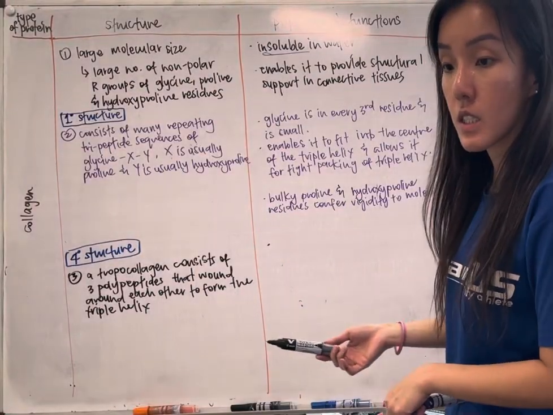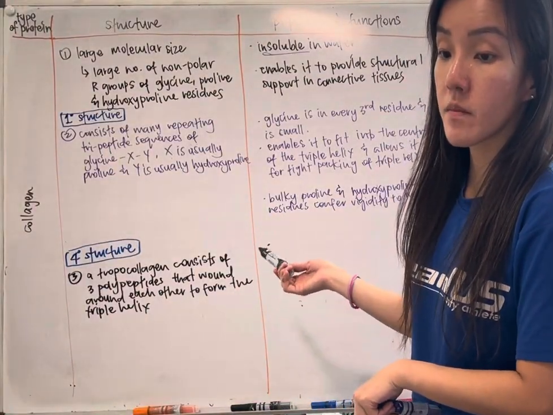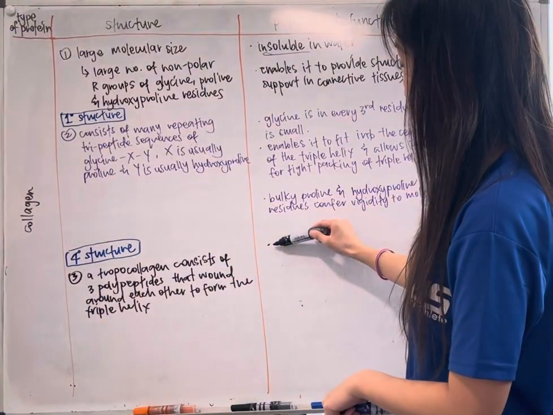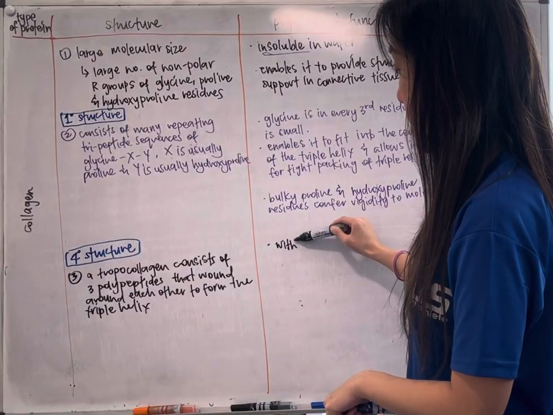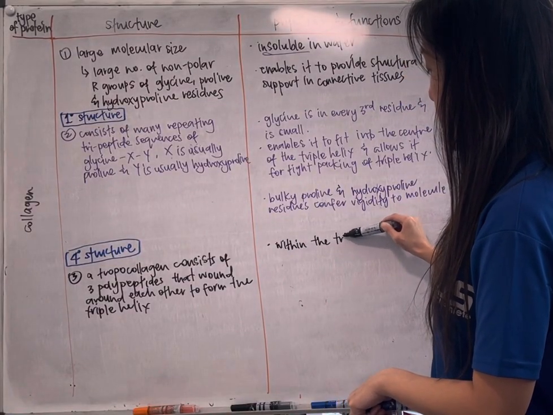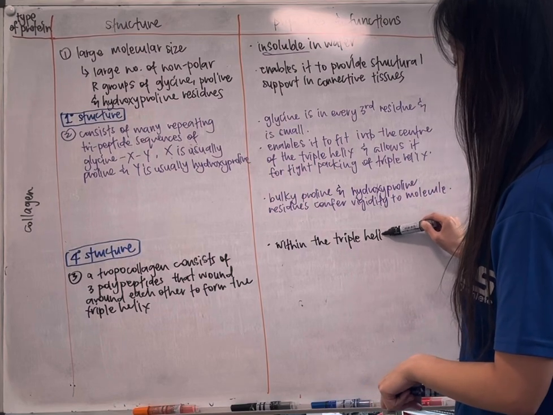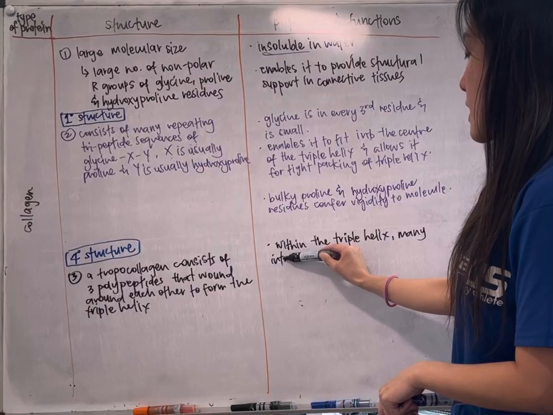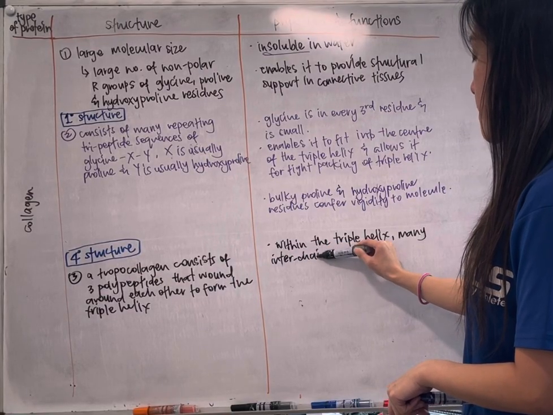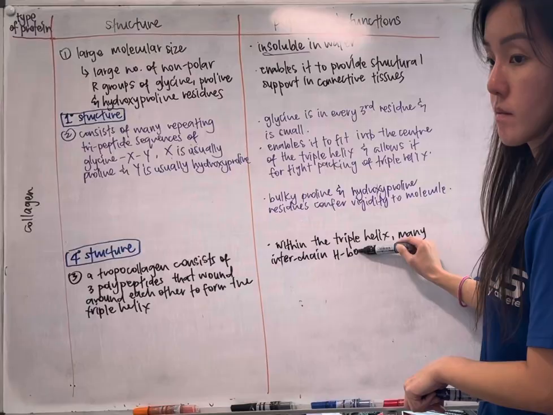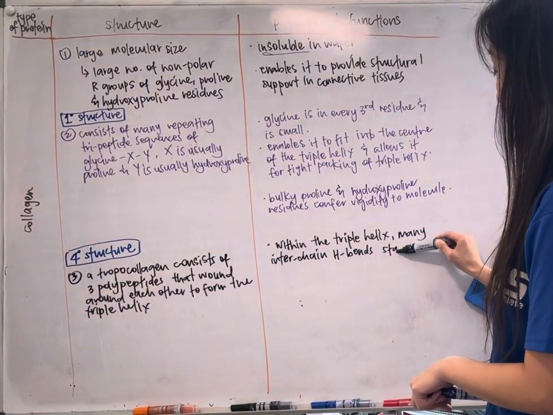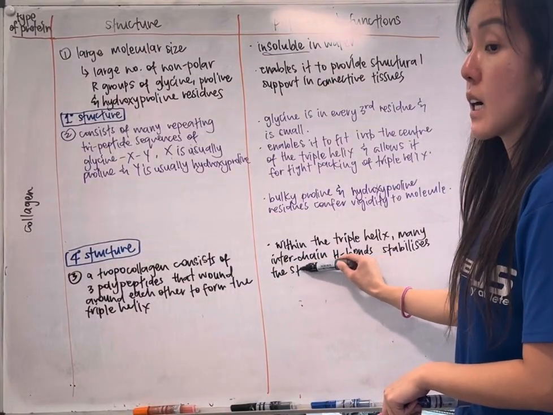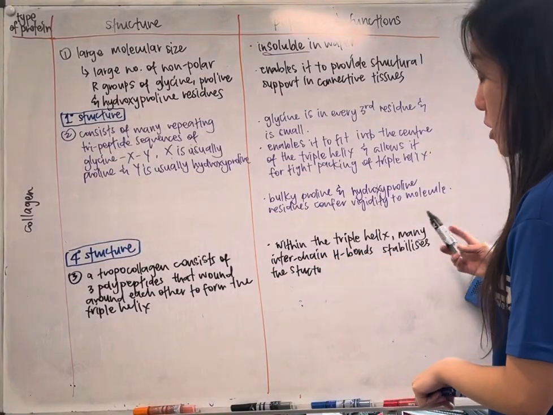What's the property for this? Again, it enables many interchain hydrogen bonds within the triple helix, which is the cross-linking via hydrogen bonding. This stabilizes the fiber structure of collagen.